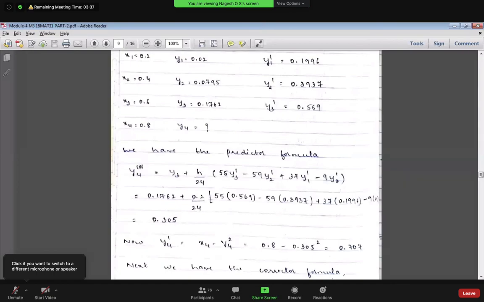This is almost similar, only the formula changes, that's it. Y dash equal to x minus y square, so y4 dash will be x4 minus y4 square.